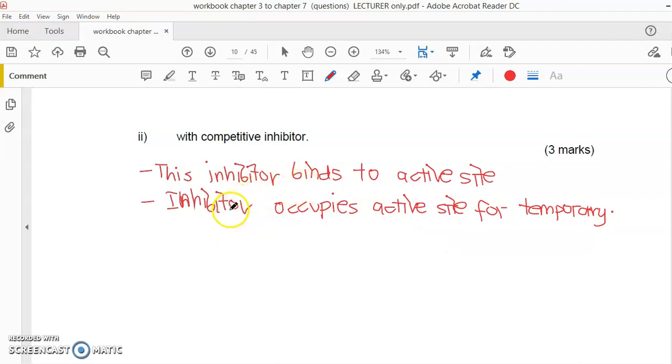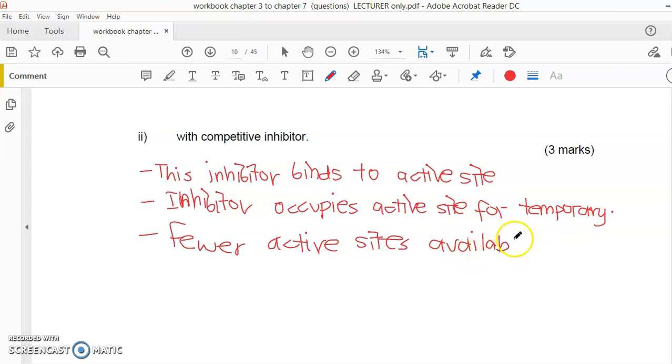But in this case, as the inhibitor occupies the active site for temporary, therefore fewer active sites are available for substrate.